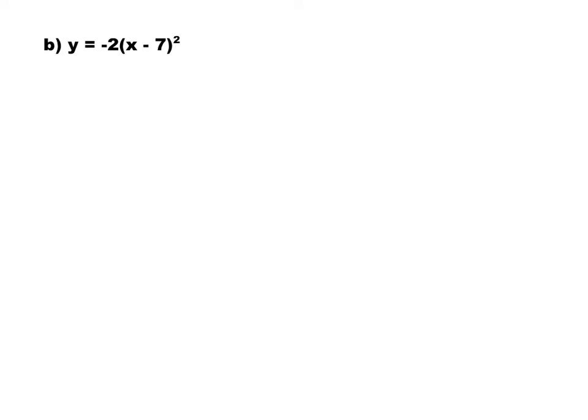The next example, we have to change negative 2 times (x minus 7) squared, which is the vertex form, to standard form. Again, before I do that one, I'm going to find a, h, and k here. A is obviously negative 2 because this is the value here. Remember, the vertex form in general is a times (x minus h) squared plus k.